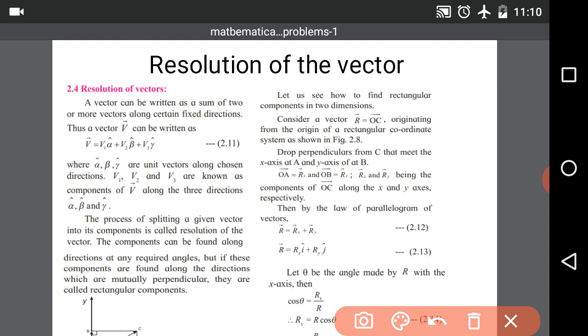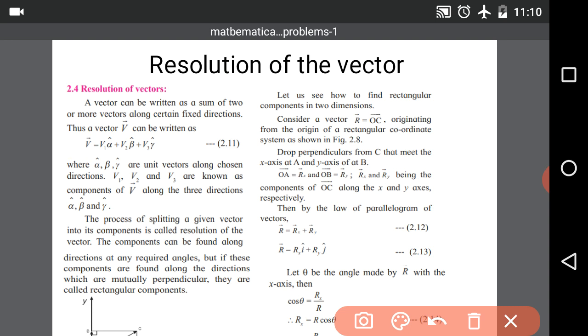Here you have a vector v resolved into three components: v1 alpha cap, v2 beta cap, and v3 gamma cap.